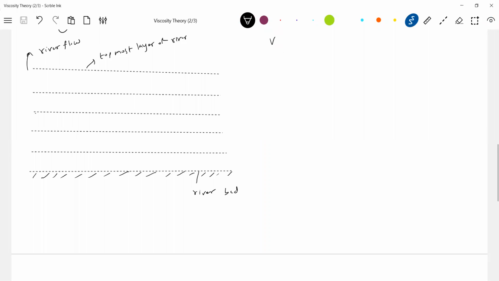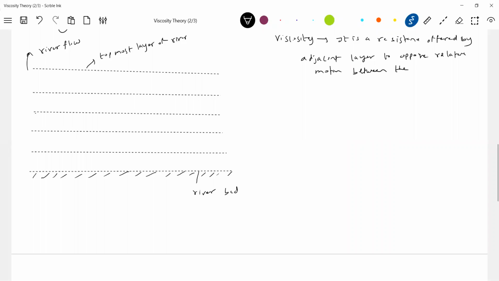Viscosity is the resistance offered by adjacent layers to oppose relative motion between them.